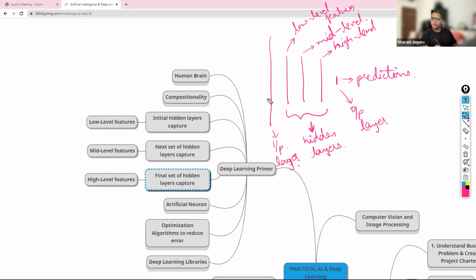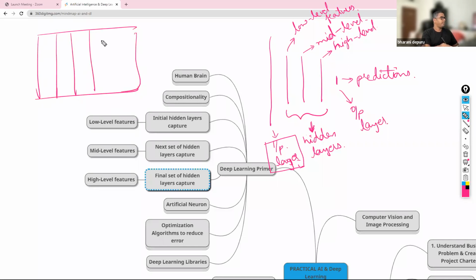The number of neurons in the input layer depends on the number of inputs that we have in the data set or data frame.